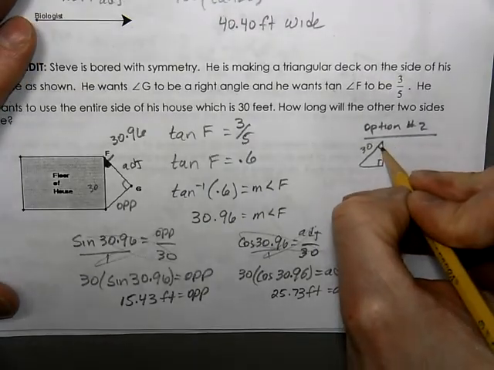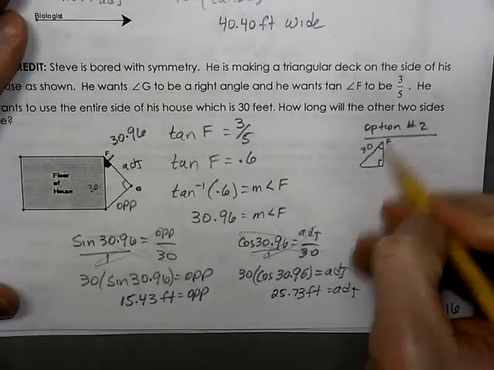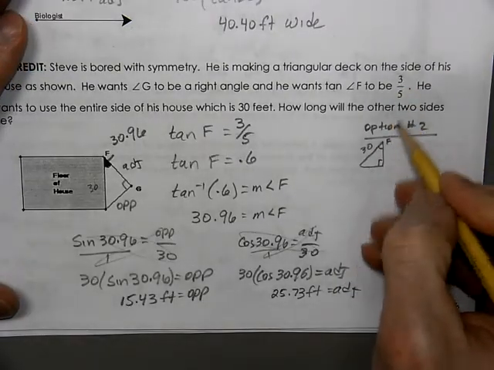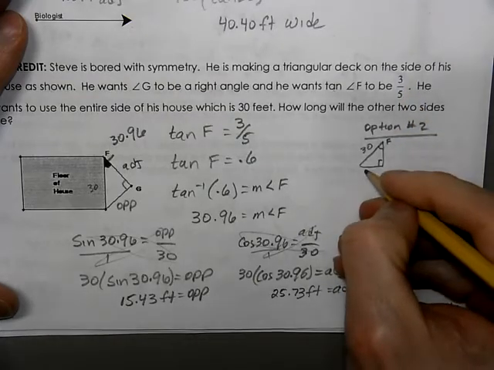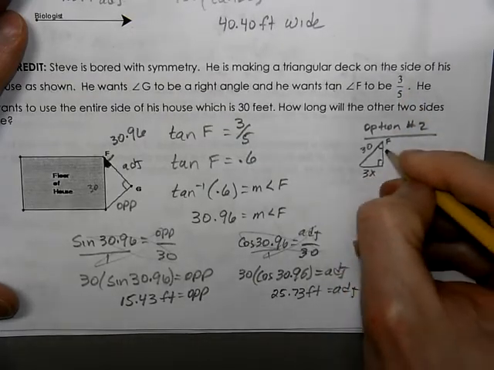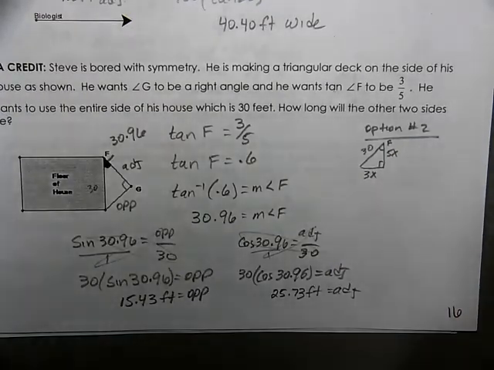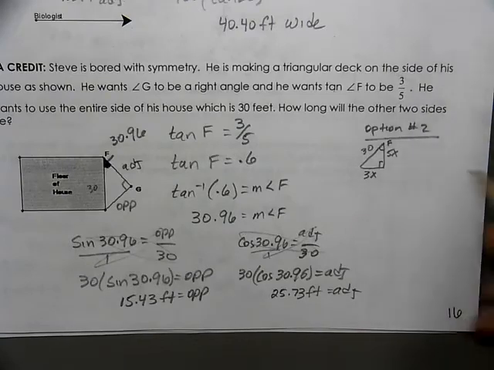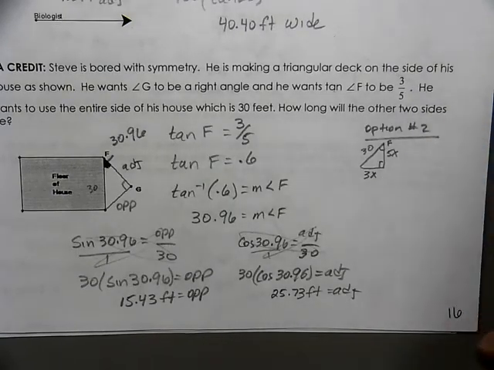We have this angle of F. The opposite side and the adjacent side have a reduced fraction of 3/5. So we could call this 3x and 5x, because most likely it's not 3 and 5, because that doesn't even make a triangle with 30. So it's 3 times something and 5 times something.